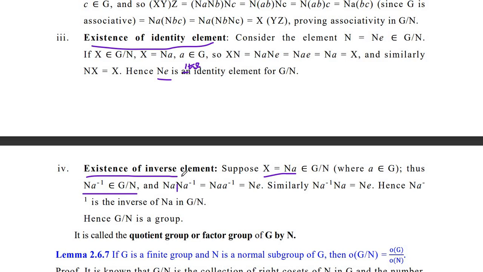So naturally this must act as the inverse of NA. So you have the existence of the inverse element in G mod N also. So G mod N is a group, and that is called the quotient group or factor group of G by N.